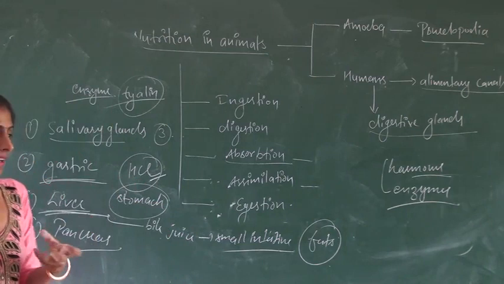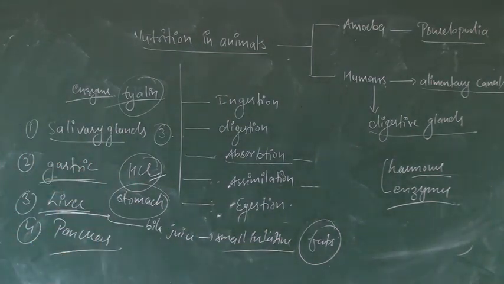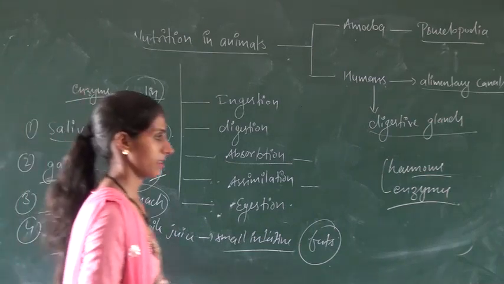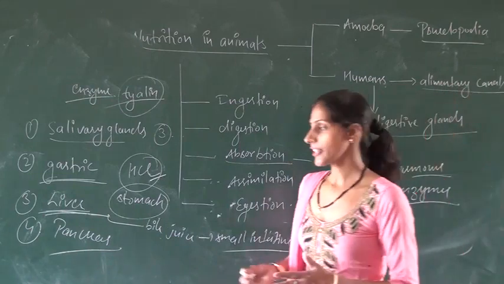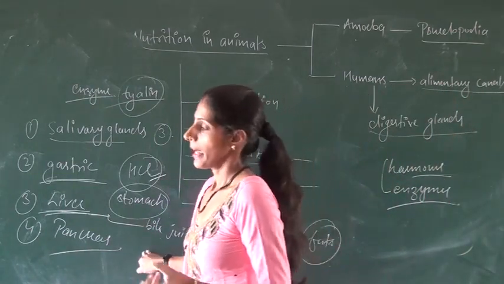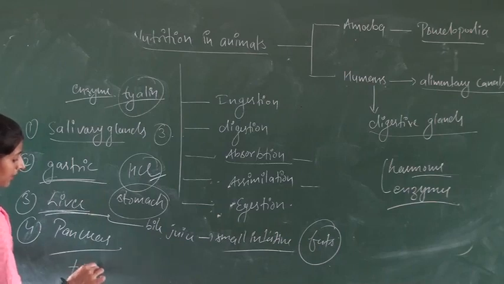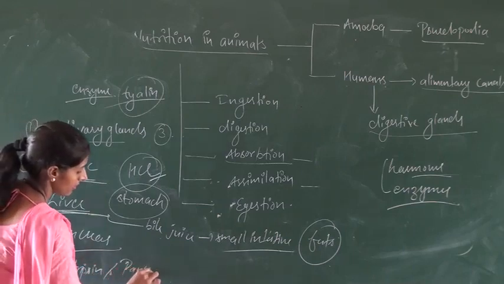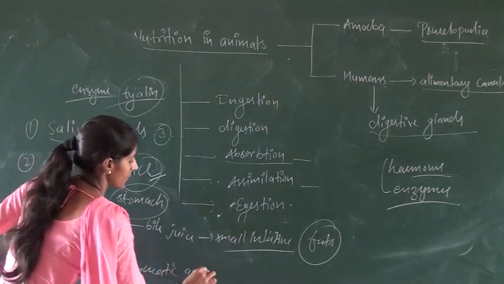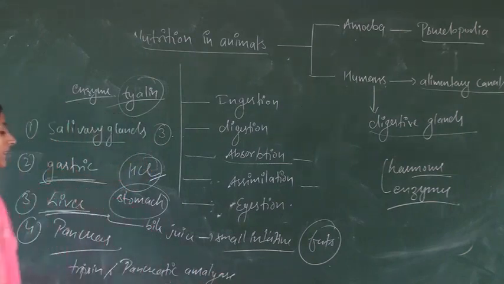It secretes pancreatic juice into the small intestine, and this pancreatic juice contains many enzymes such as trypsin and pancreatic amylase.